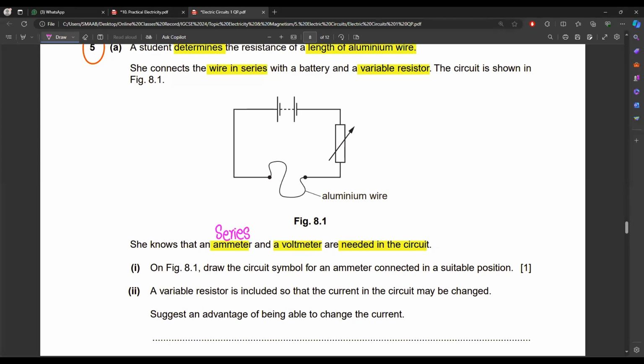So it will be connected over here in series combination. And when they ask about the voltmeter, definitely voltmeter should be connected in parallel combination.